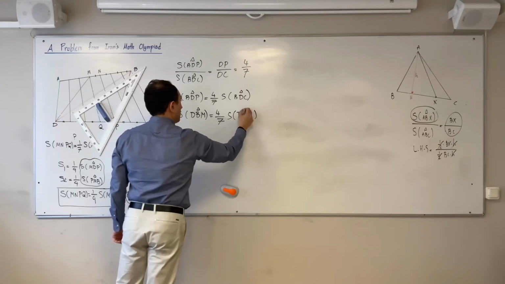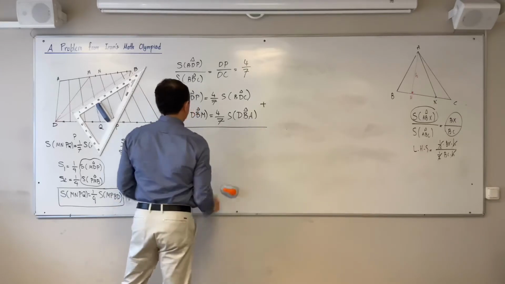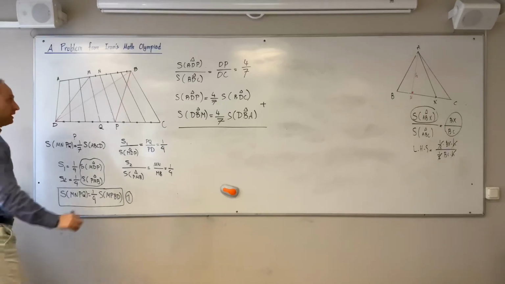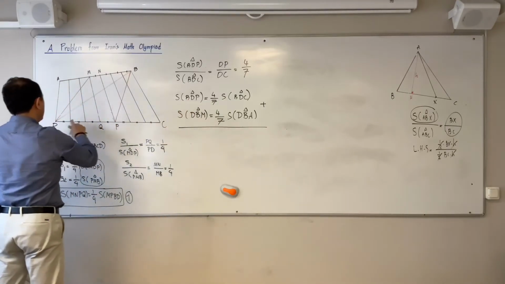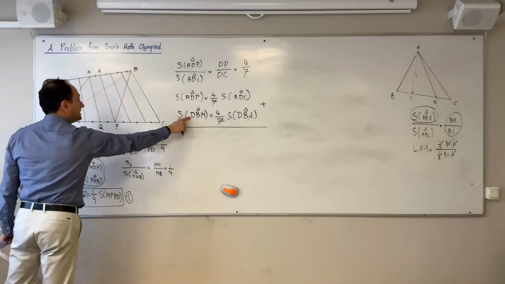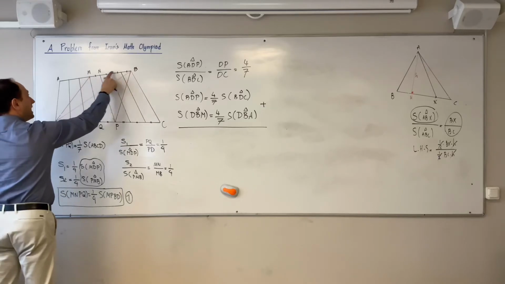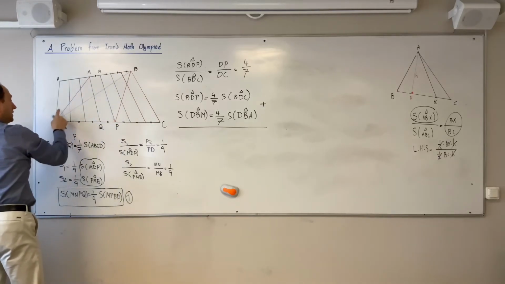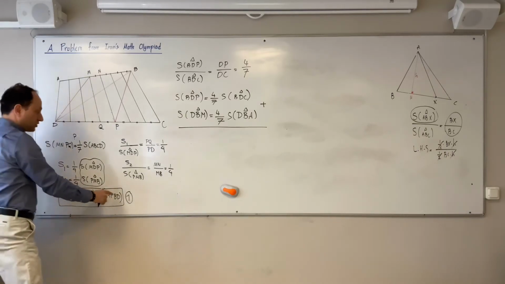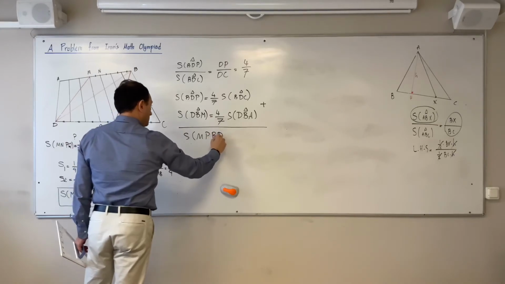Now, if I add these two side by side, what will happen? Let us look at the picture in its entirety. BDP plus dBM exactly becomes the area of the quadrilateral that I had over here already, S of MPDB.